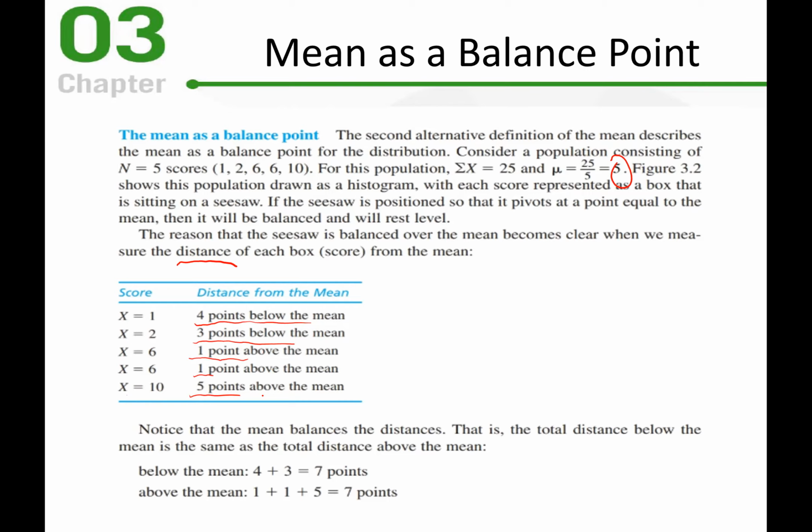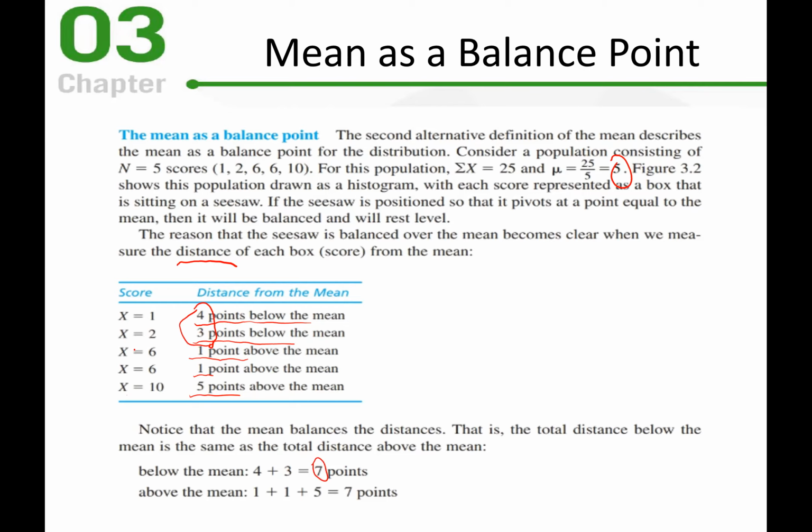So now the mean is going to balance the distances. That is, the distance below the mean is the same as the total distance above the mean. If you add up the distances of the scores below the mean, that gives you 7 points, 4 plus 3.